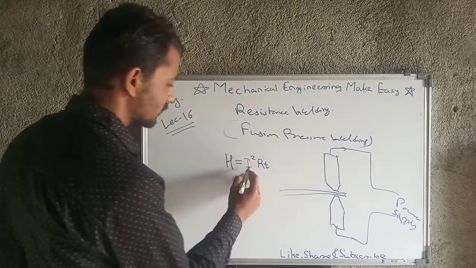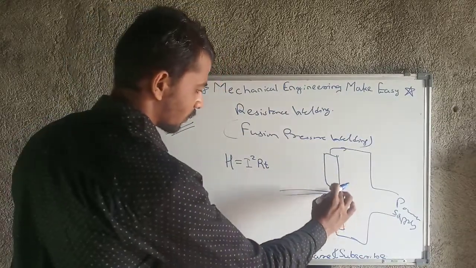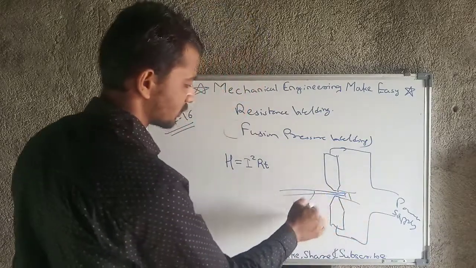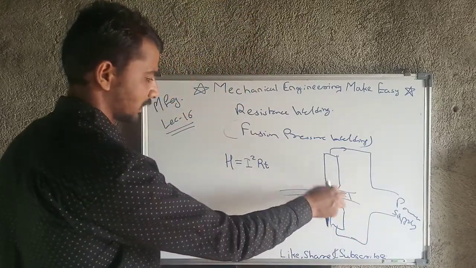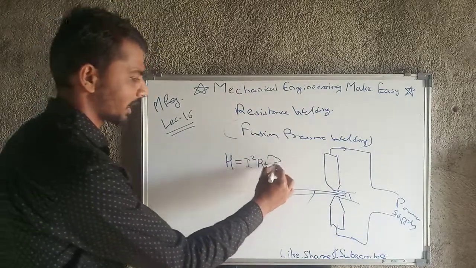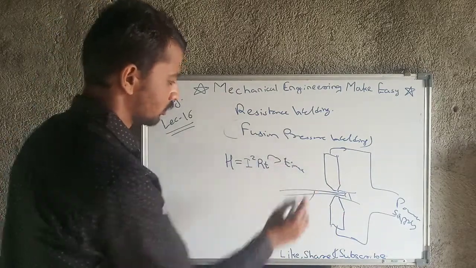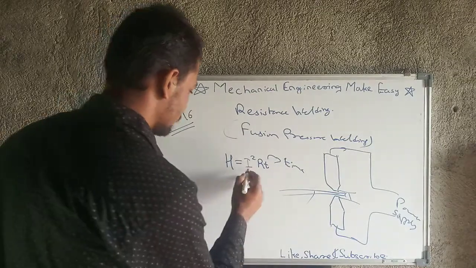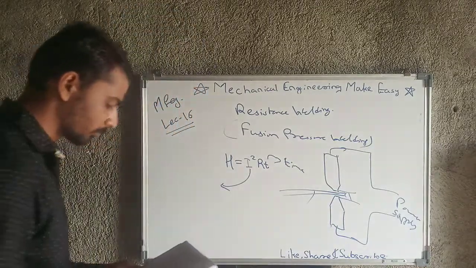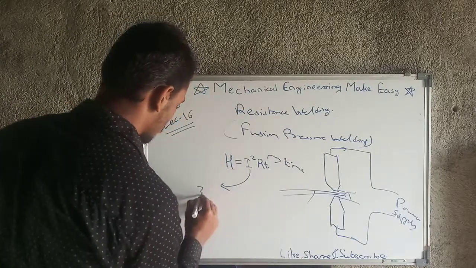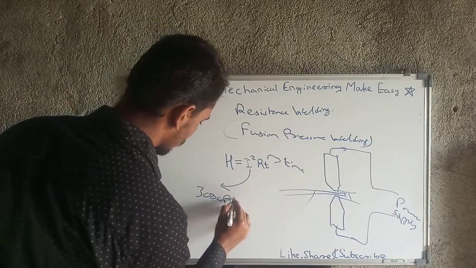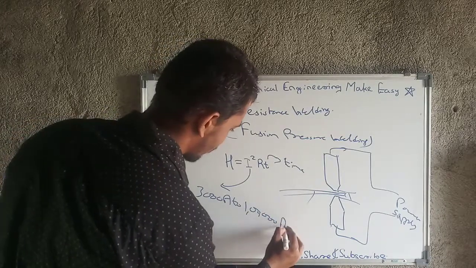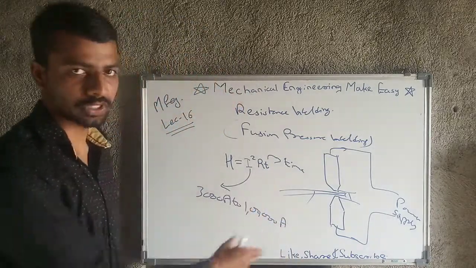Okay, I is current, R is the resistance offered by this workpiece and all the sections here, and T is time. And this I will vary from 3000 ampere to 1 lakh ampere.